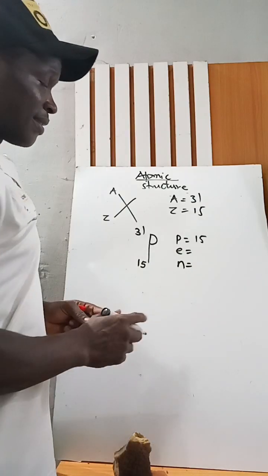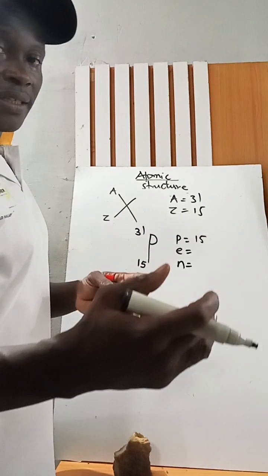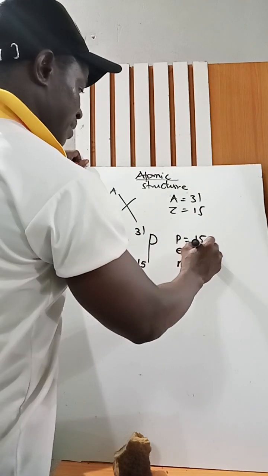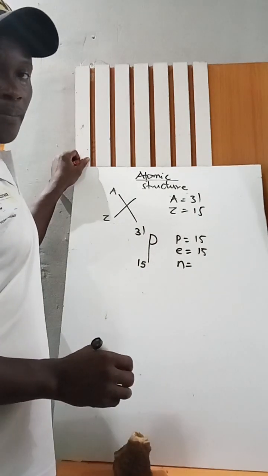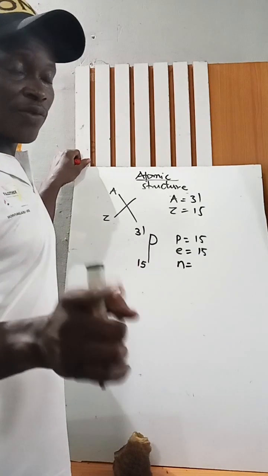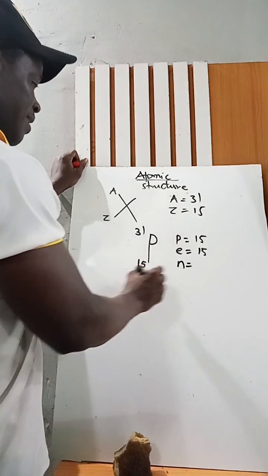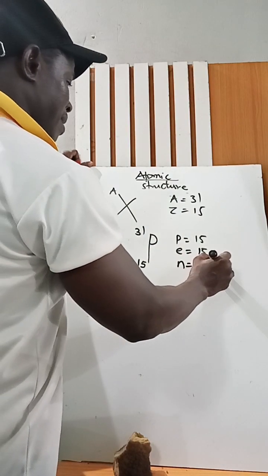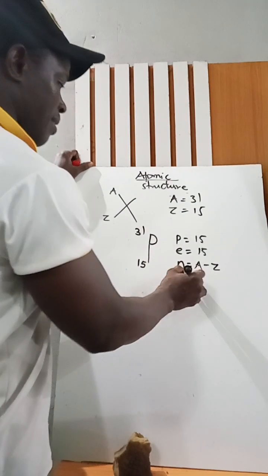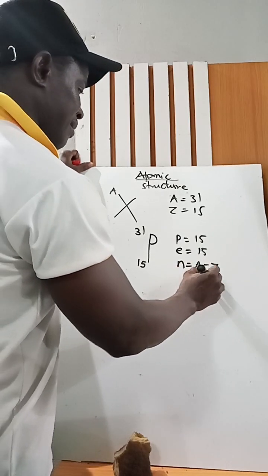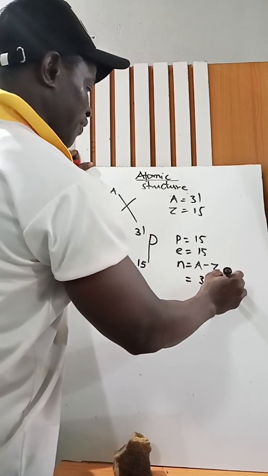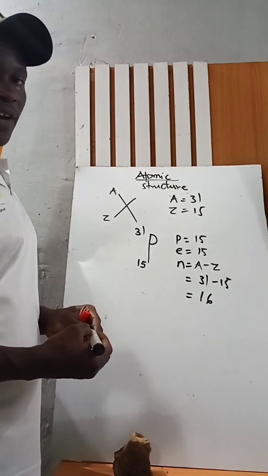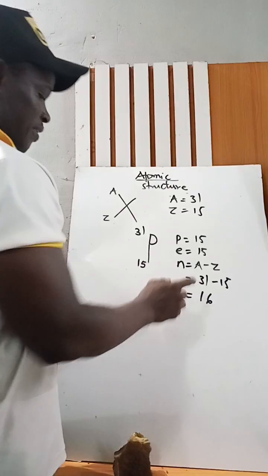Equation 2 says that Z is equal to E. Now, if Z is equal to E and Z is already 15, that means E is also 15. Neutron number, last equation. Equation 4 says that neutron number is mass number minus atomic number. So what is mass number? It is 31. Atomic number is 15. Then that will be 16. Very simple. That will be 16.